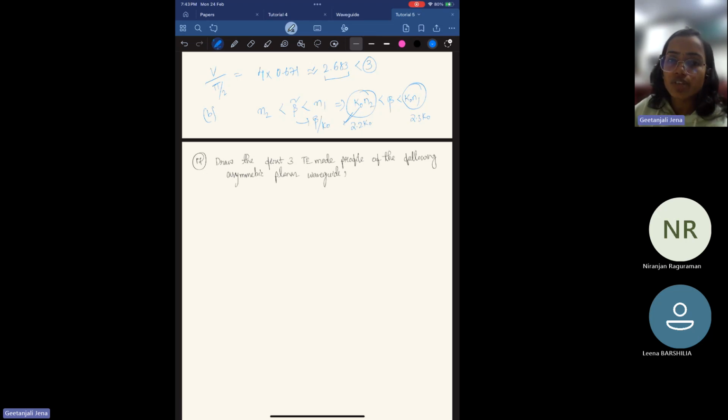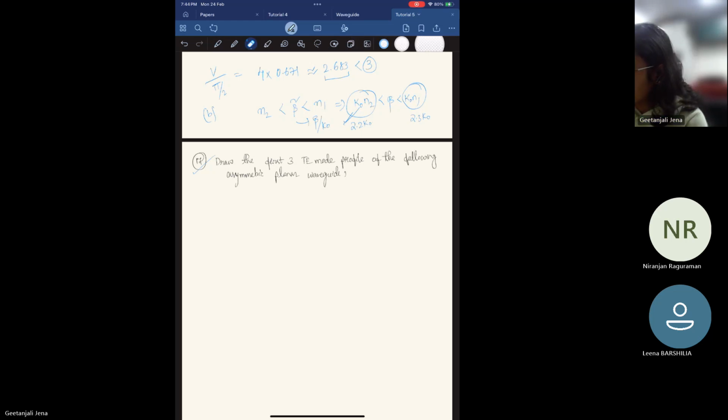This problem is based on an asymmetric planar waveguide. The question says, draw the first 3 TE mode profiles of the following asymmetric planar waveguide. The picture is not given, so let me draw it.